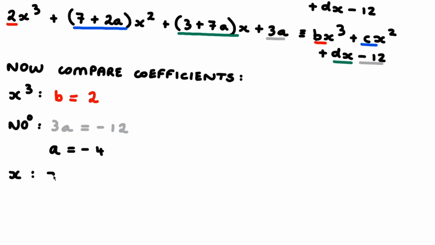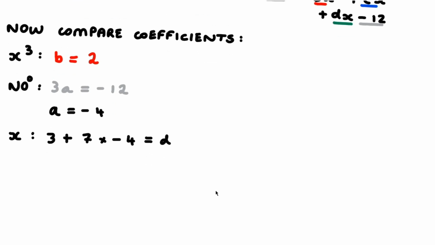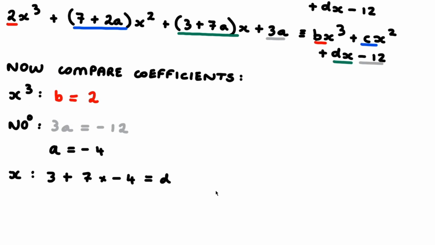So now if I compare the x's, I've got 3 plus 7a, so I've got 3 times minus 4, and that's equal to the d. Rather, that's equal to c.